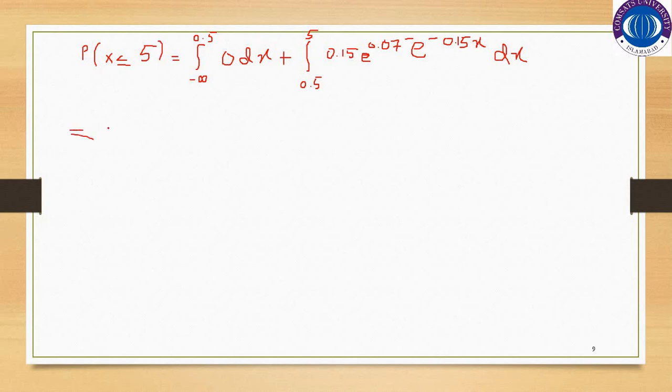You will be left with 0.15 into e raised to power 0.075 times the integral from 0.5 till 5 of e raised to power minus 0.15 into x dx.